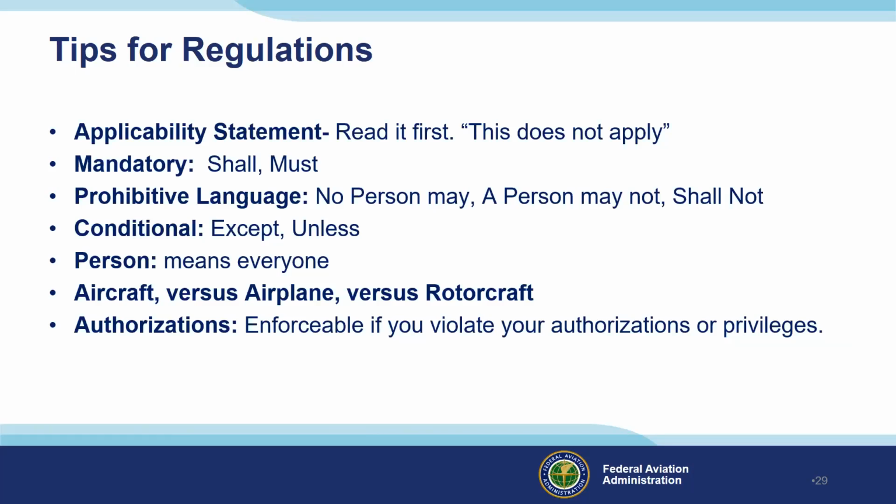Person, if you see that, it means everyone, including you. Aircraft versus airplane versus rotorcraft. Some regulations apply to rotorcraft, some apply to airplanes, some apply to aircraft, which includes both airplanes and rotorcraft. And authorizations are enforceable if you violate your authorizations or privileges.